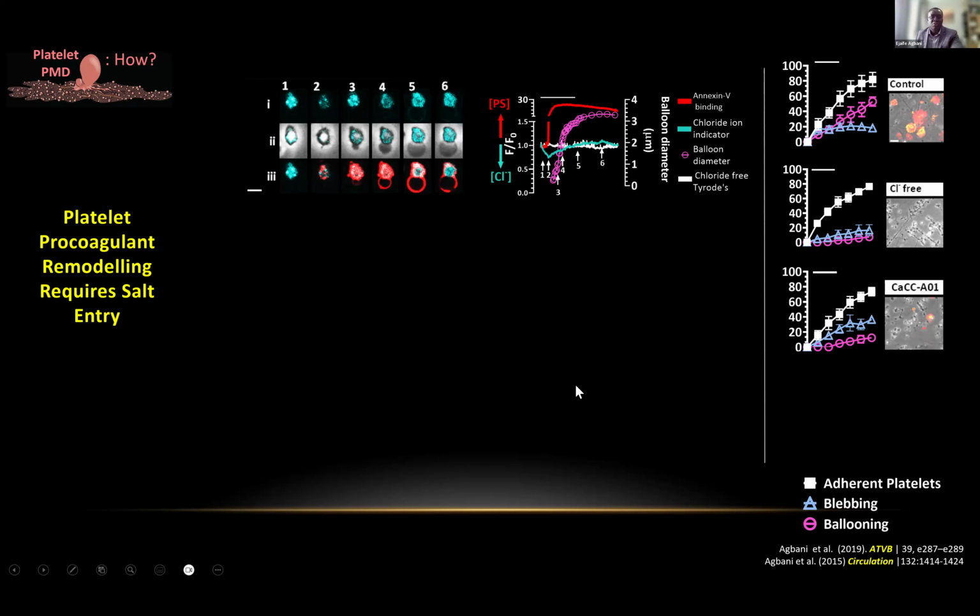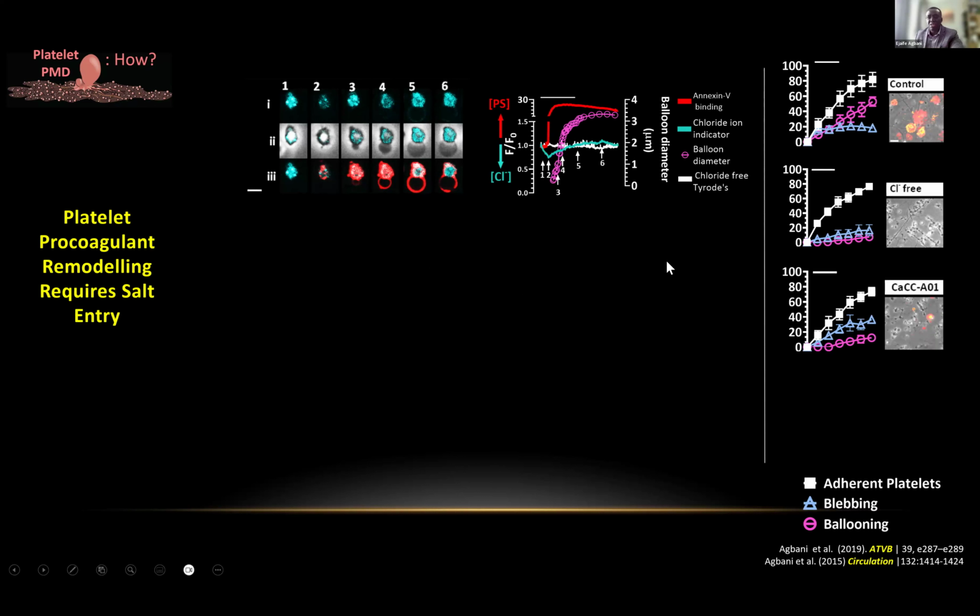And what we found out is that when we look at membrane blebbing, membrane ballooning, and procoagulant spreading in the absence or presence of chloride ion, we notice here that chloride ion is very important. First of all, the chloride indicator that we use in this experiment is one that detects chloride entry by collisional quenching. So when you see a decline, a loss of fluorescence, it actually corresponds to chloride influx.